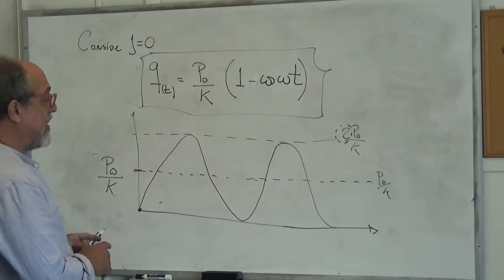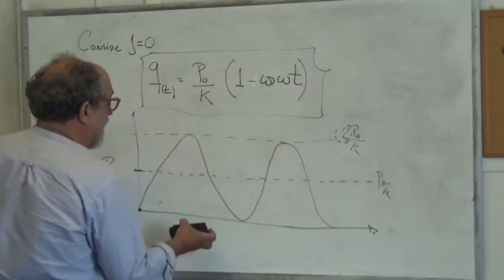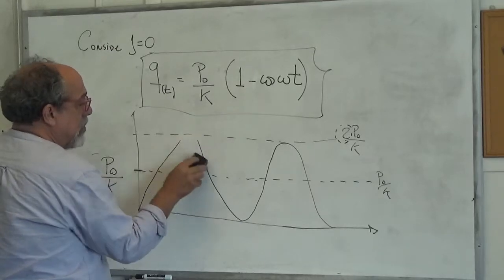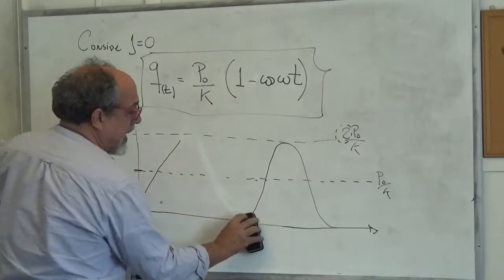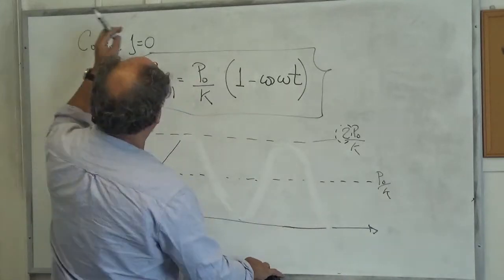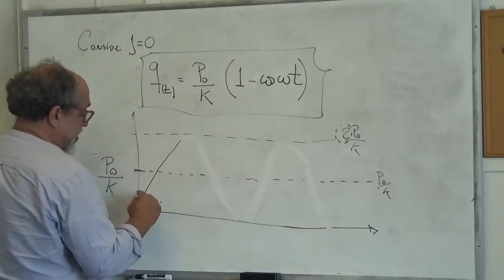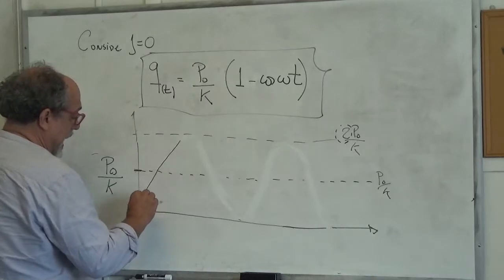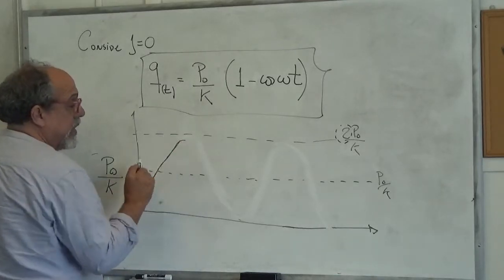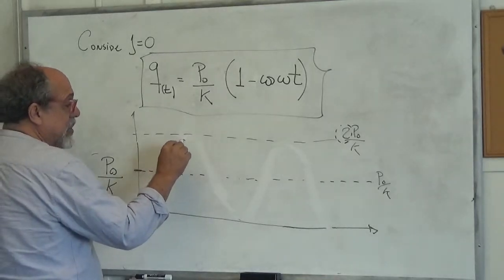Now, if the structure had some damping, we would get the solution that we've already written and I erased. But as you can imagine, you would not reach exactly 2, right? You would reach less than 2.